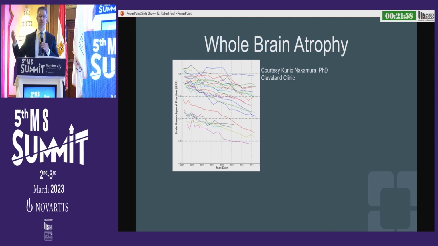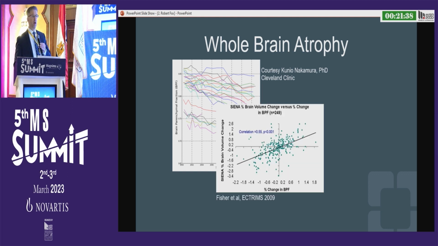That goes back to the previous talk about the variability, and indeed there is a lot of variability in brain atrophy, which is making it of limited utility in individual patients. We can take average, because the average up should balance out the average down, but within individual patients, it's a little bit harder.